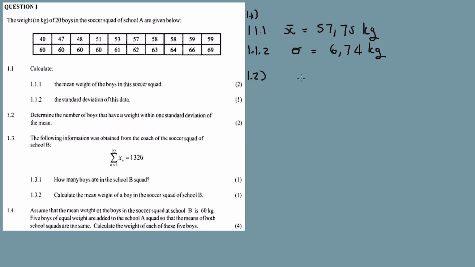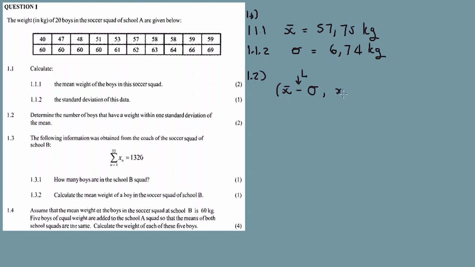So 1 standard deviation, it's actually a limit. There's an upper and a lower limit. For 1 standard deviation, it's x bar minus the standard deviation, which is the lower limit.